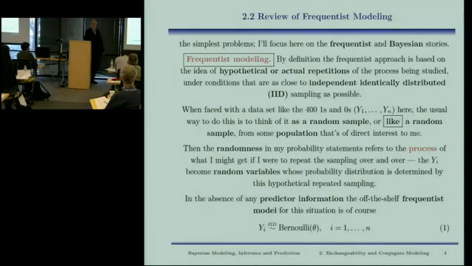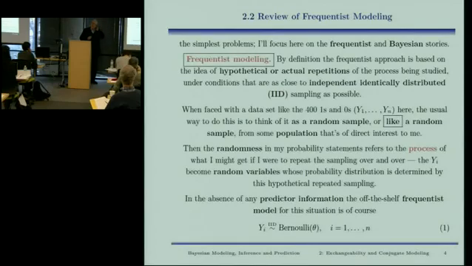But if I want to draw inference about the underlying process that gave rise to that stream of 1s and 0s, that involves generalizing outward from those 400 1s and 0s to a bigger universe. And in the usual statistician's language, that involves thinking of the data as either literally a sample from a larger universe called the population, or like a random sample from that population.